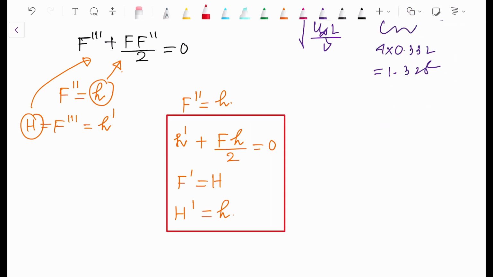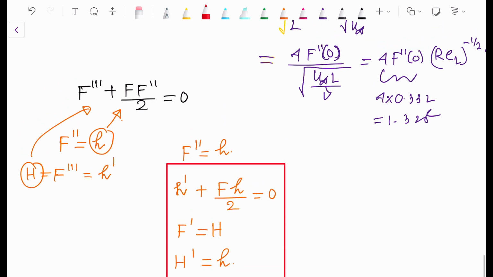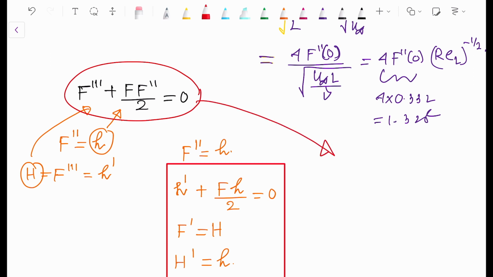So how can you solve this? You have the boundary conditions. This is a third order equation, so you must have three boundary conditions. Let us see those boundary conditions.